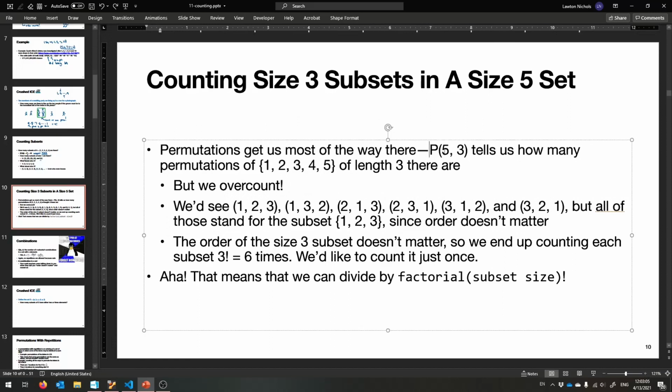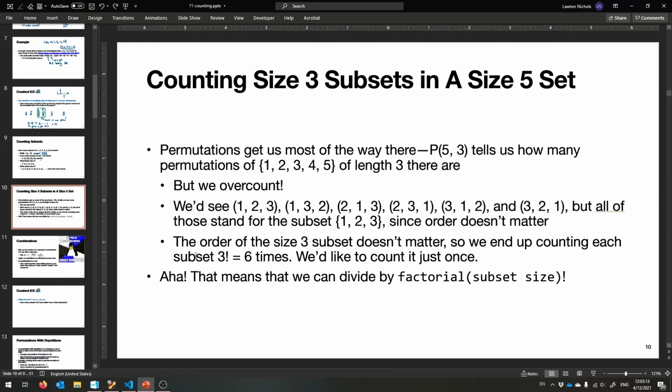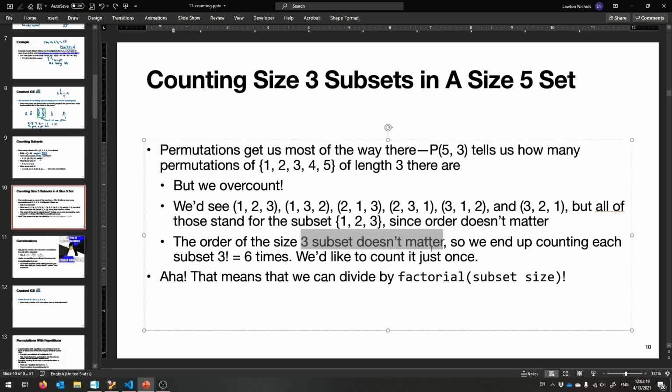But this is mostly there. If we just get rid of this overcounting, we have the answer. The order of this size 3 subset doesn't matter, so how many times for each possible subset do we end up counting it? Each time we see a permutation of these 3 elements, how many are there? How many ways are there to order 1, 2, and 3? That's what permutations mean: 3 factorial, so that's 6 times.